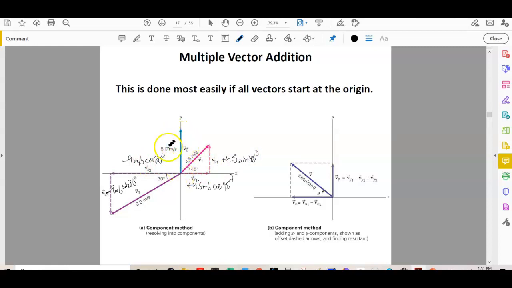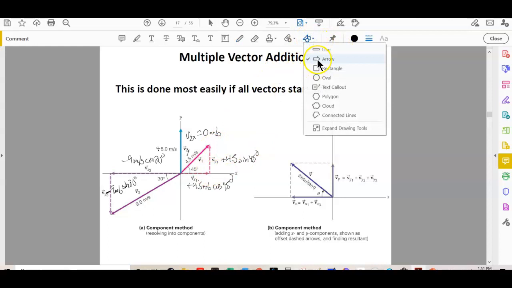So V2 is only pointed up in the positive y direction, and it has no components in the x direction. Well, you add all those component vectors up, right?